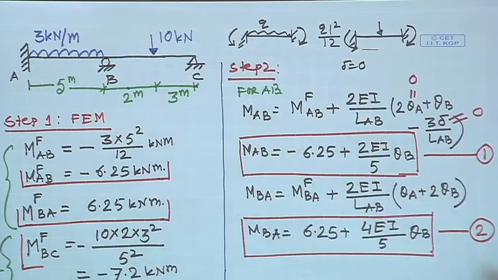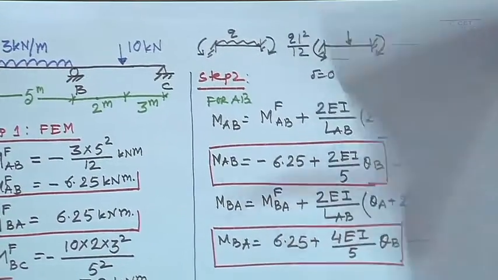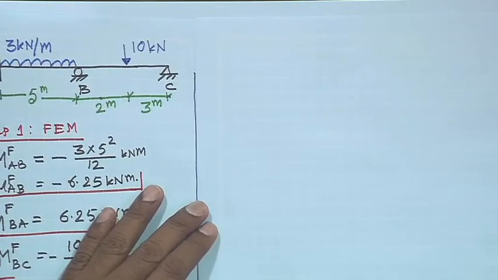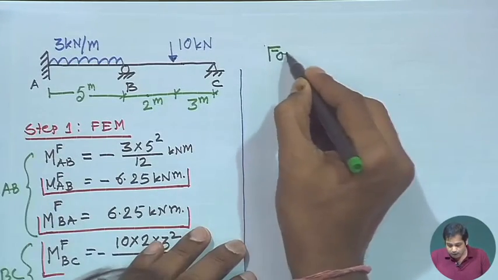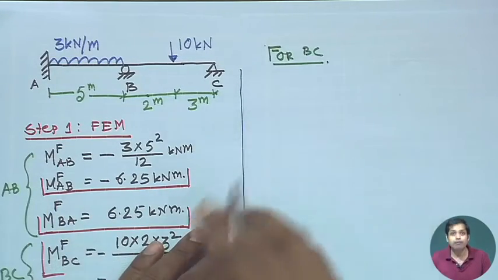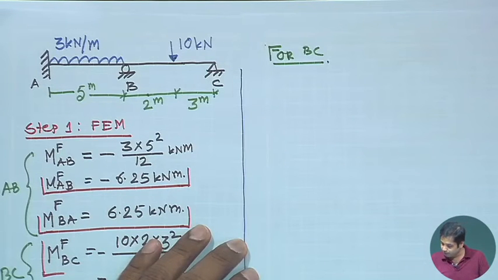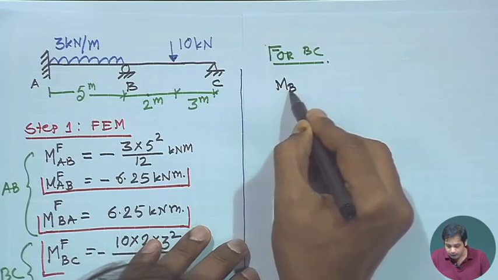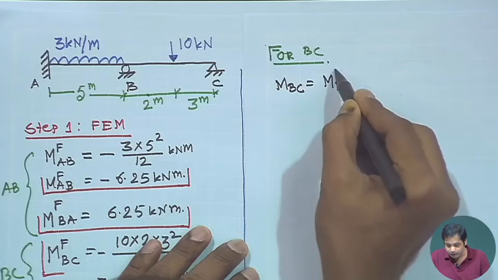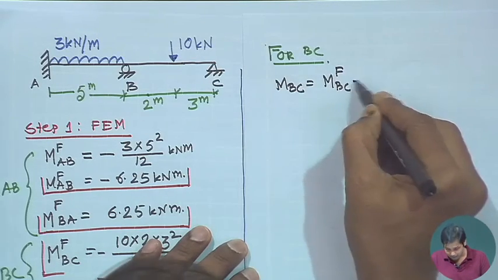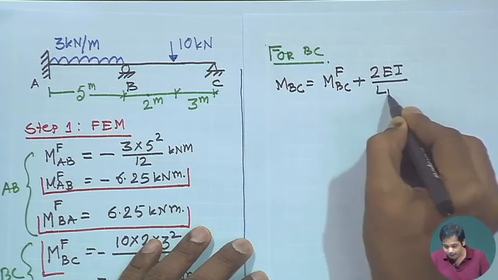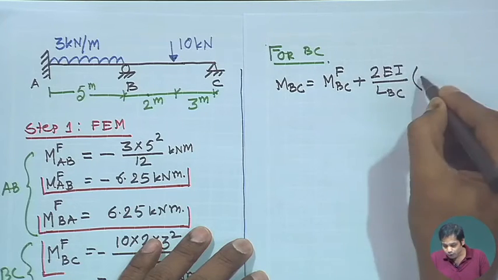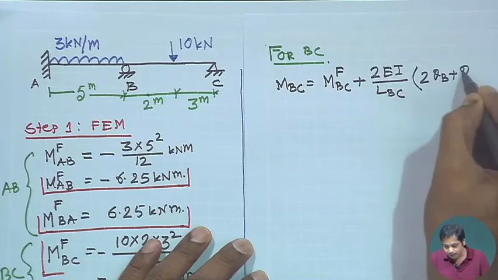Now, a similar exercise we have to do for the other member, member BC. What is the expression? We have MBC will be the fixed end moment plus 2EI by LBC into (2 theta B plus theta C).